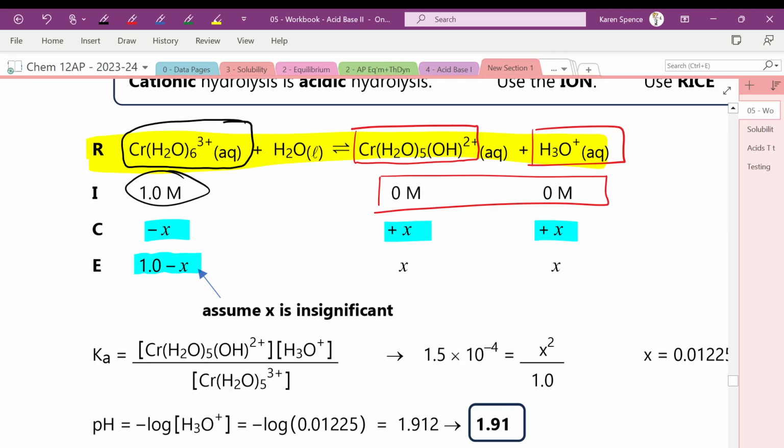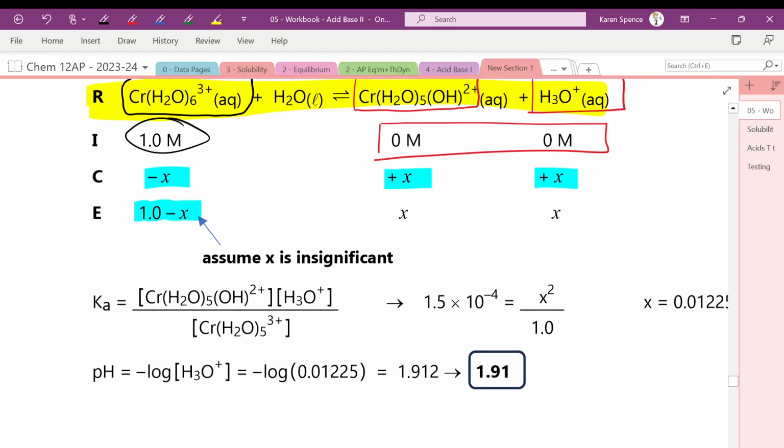But we are going to assume that the X is insignificant so that we don't get a quadratic. Is that good? Okay. So now we have X times X is X squared over 1.0, and the Ka is 1.5 times 10 to the negative 4.